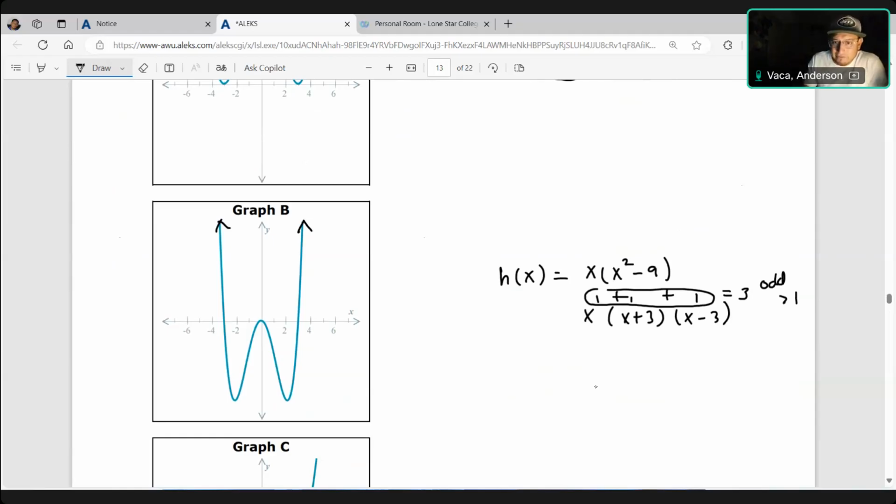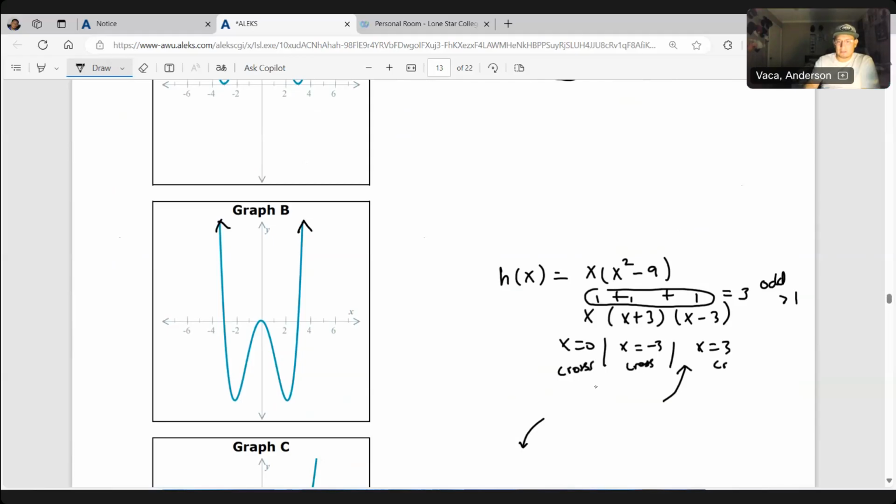Because the leading coefficient is positive, it will fall to the left and rise to the right. But at the zeros, x equals 0, x equals -3, x equals 3, there is no repetition, so the graph will just cross. So it will cross at -3, it will cross through 0.